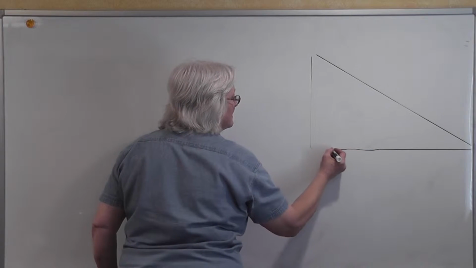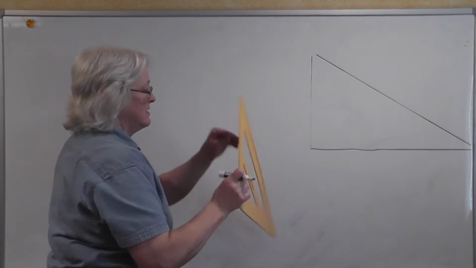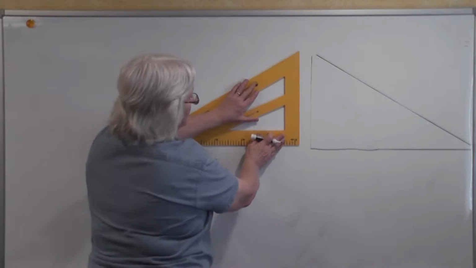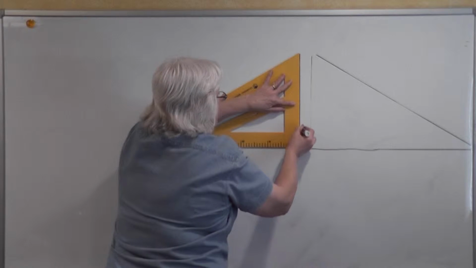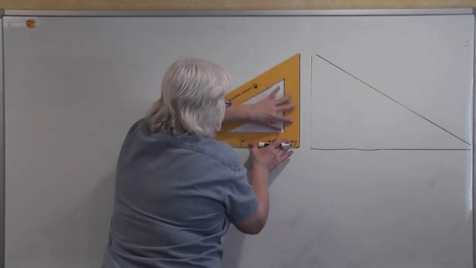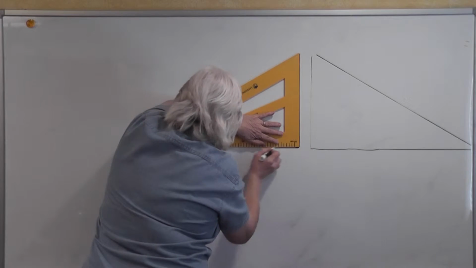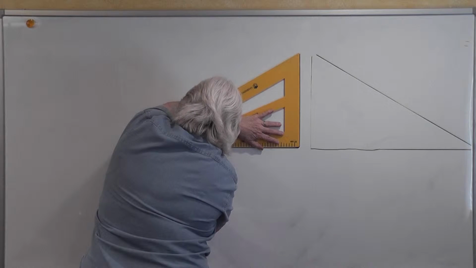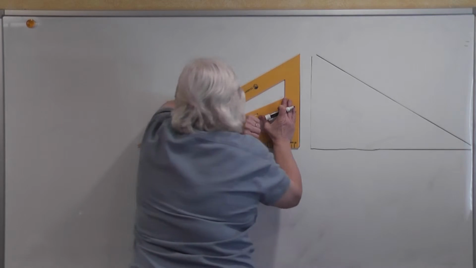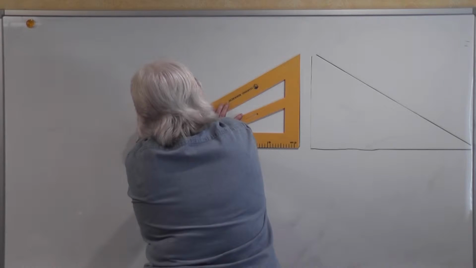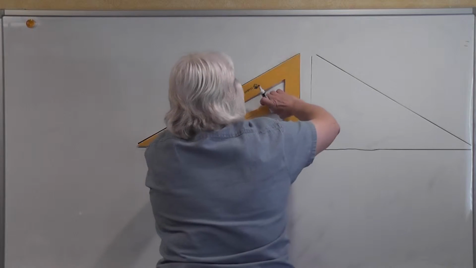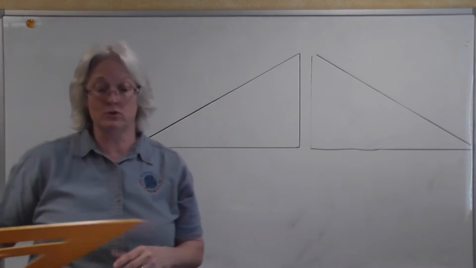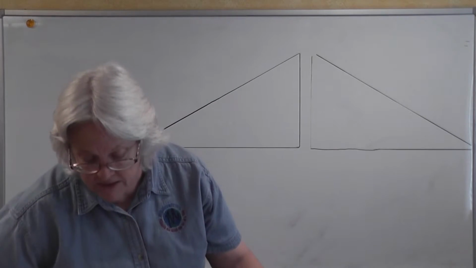Put the triangle this way. Different orientation. But you're seeing that I am clearly using the same pattern. Attempting to use the same pattern. And we now have 2 triangles that are drawn here.